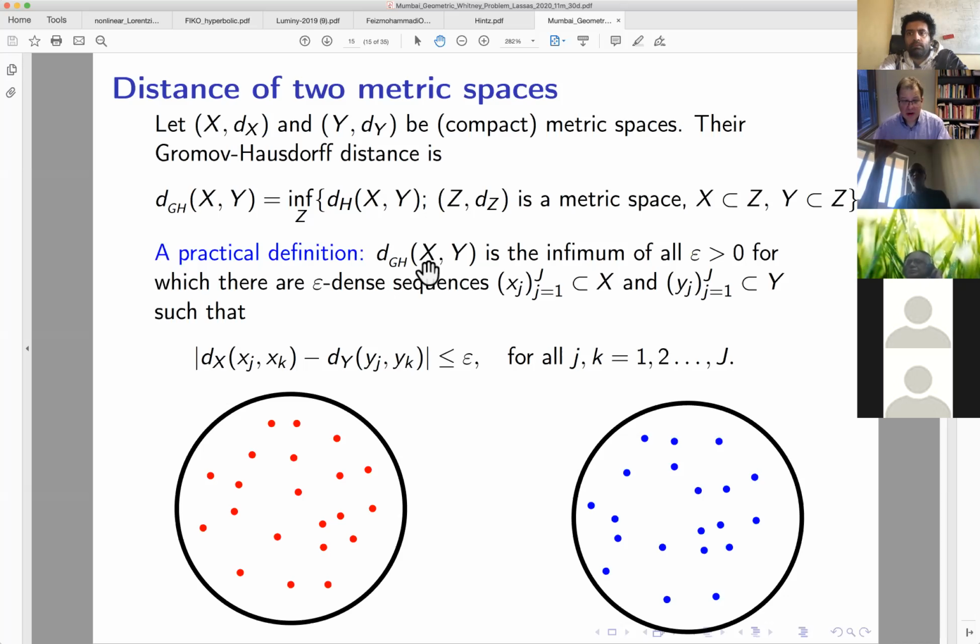This is a practical way of thinking about the Gromov-Hausdorff metric, because this does not need any external metric spaces. It gives the distance for two compact metric spaces, how close these things are to each other.